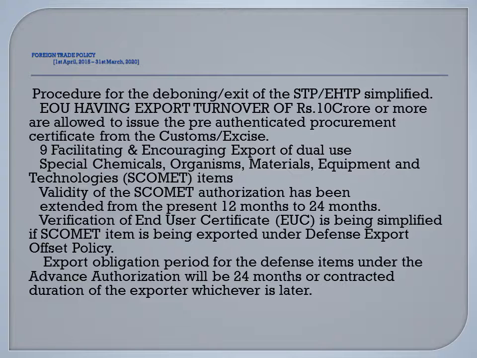Verification of End User Certificate (EUC) is being simplified if SCOMET item is being exported under Defense Export Offset Policy. Export obligation period for the defense items under the advance authorization will be 24 months or contracted duration of the exporter, whichever is later.